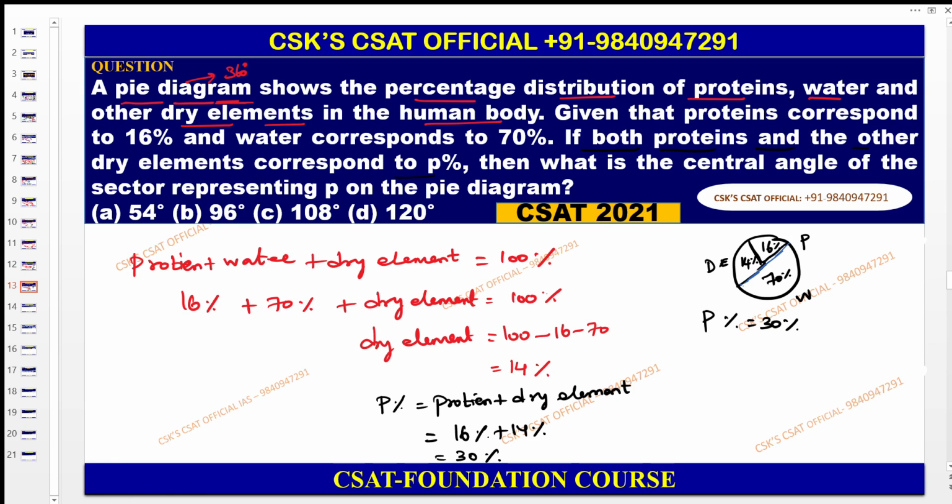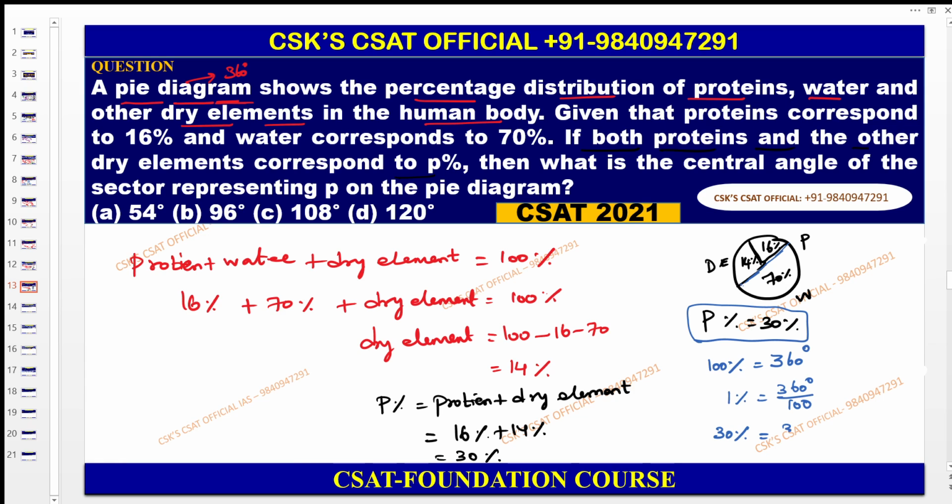So you know, in a pie chart, what is the total? 100%, which fully is equal to 360 degrees. Then 1% is equal to what? 360 degrees by 100. We need to calculate the central angle of the sector P, which is 30%.